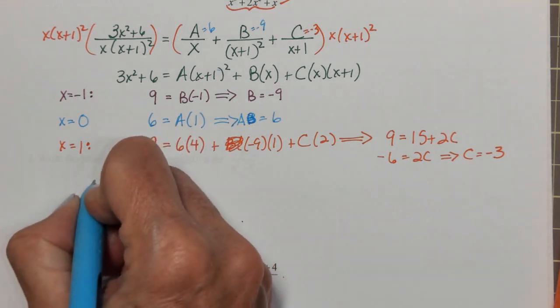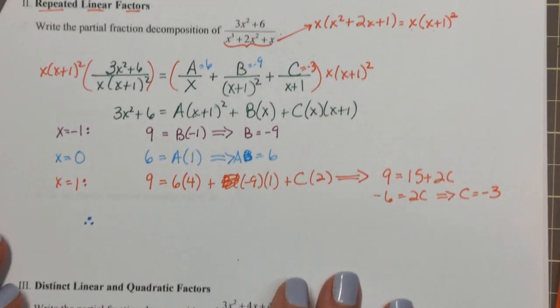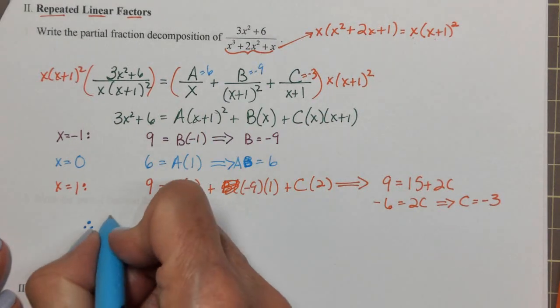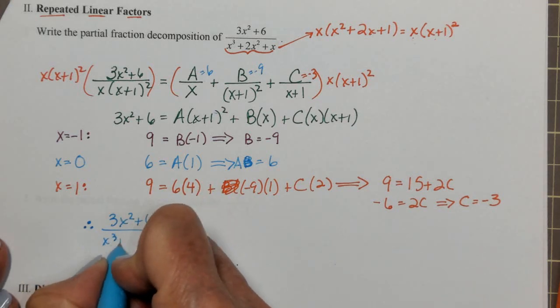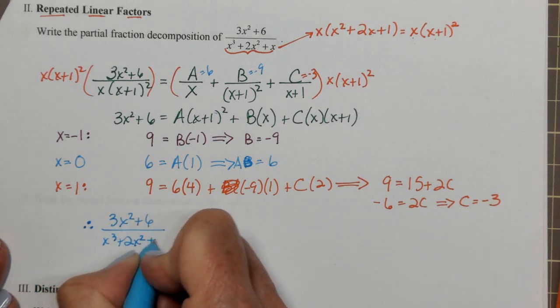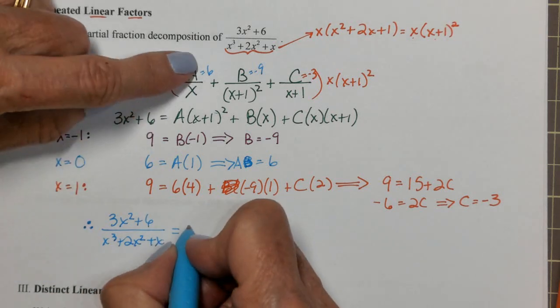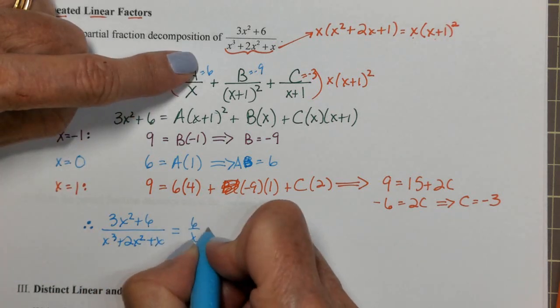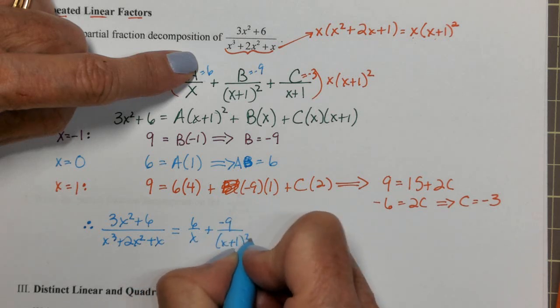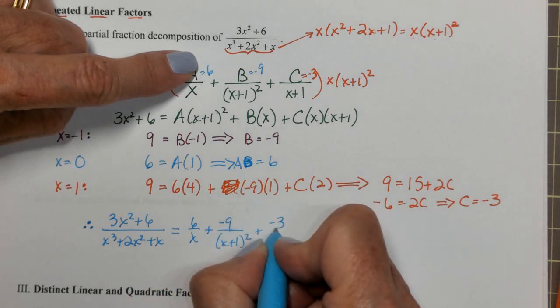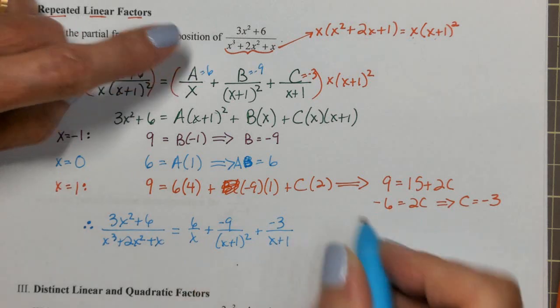So I'm going to say, therefore, our original function decomposes into 6 over x plus -9 over x plus 1 squared plus -3 over x plus 1.